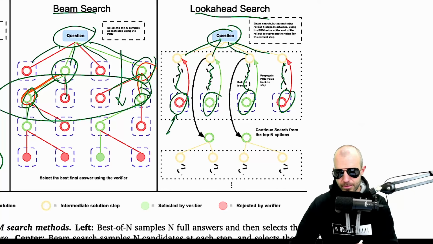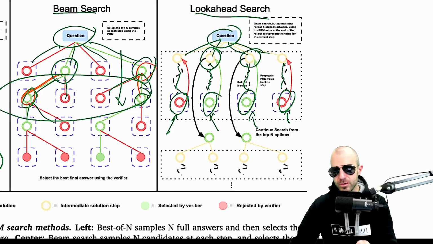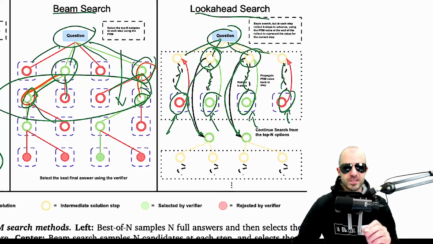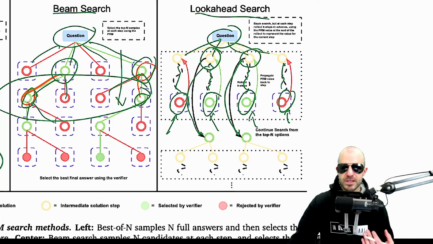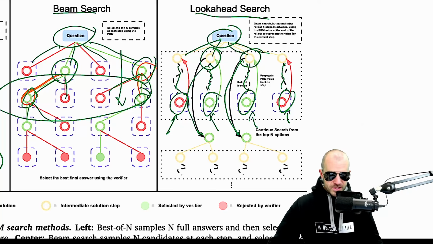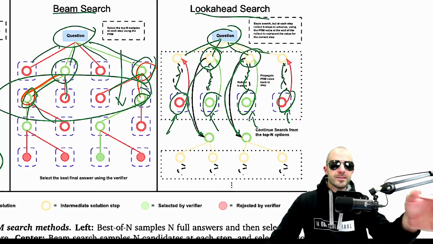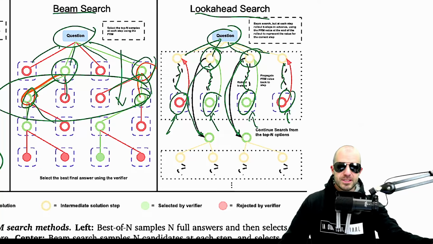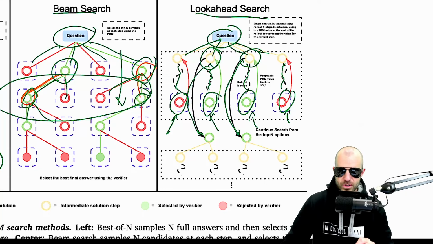Whichever ones of those turn out well, those are the original answers that you're going to take into the next step. So it's like beam search, except the scoring step is not just the verifier scoring the answer, but it involves an inner rollout into the future to score, but then you don't take the result of that rollout as the next step. You actually go back to the original one.